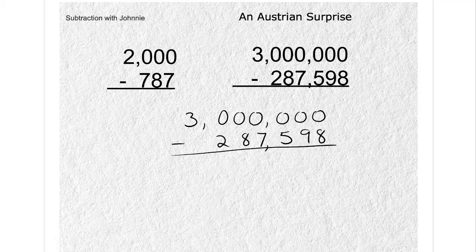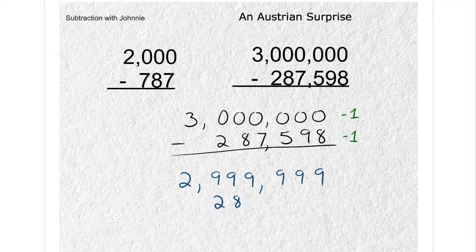Let's go ahead and subtract 1 from the minuend and subtract 1 from the subtrahend to be fair. And let's rewrite the problem. Now we have 2,999,999 and we have 287,597.